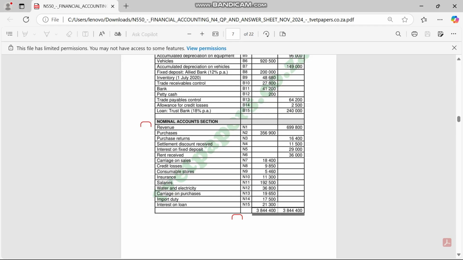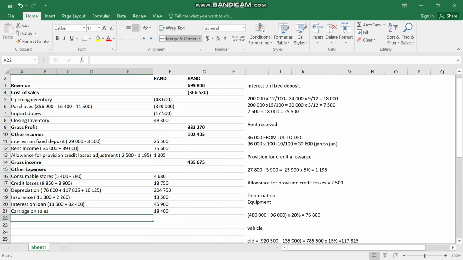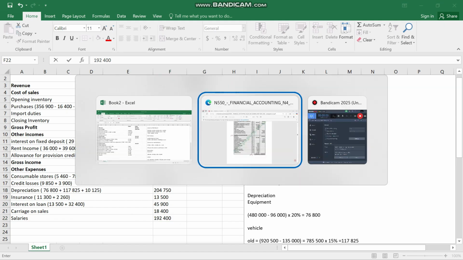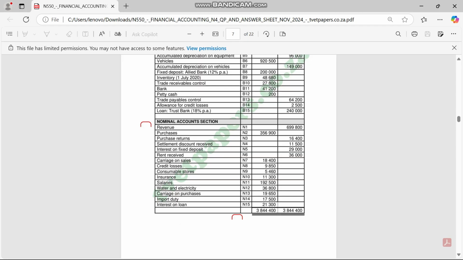Credit losses, consumable stores done, salaries, which is 192,500. Is it 400 or 500? It's 500.